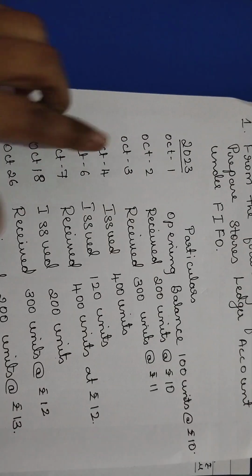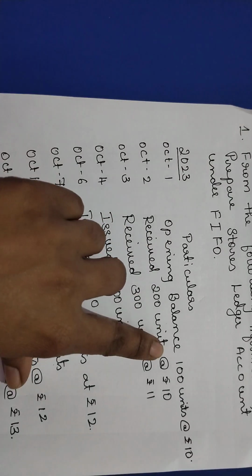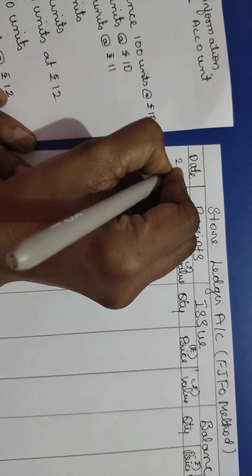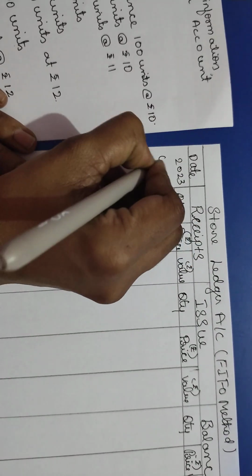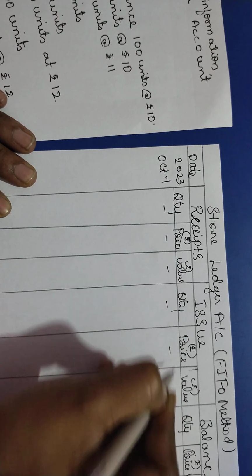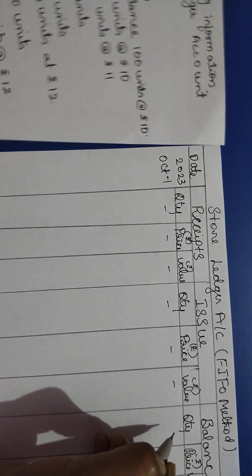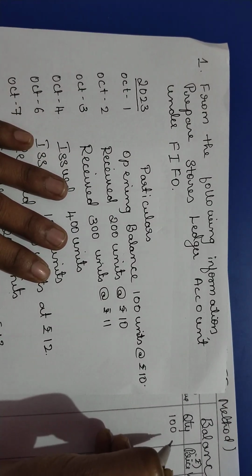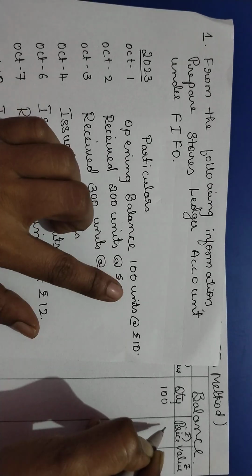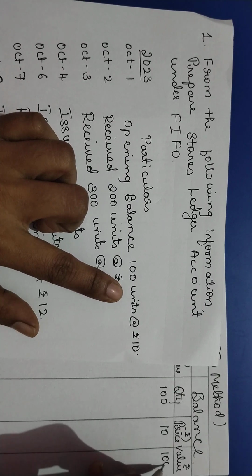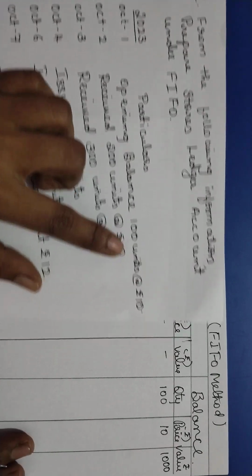What is the first transaction? Opening balance 100 units at rupees 10. So whenever you have an opening balance, directly you are recording it under the balance column. So you have a balance of how many units? 100 units. 100 units you are recording under quantity, and price is 10 each. 100 into 10, 1000 you are recording under value.